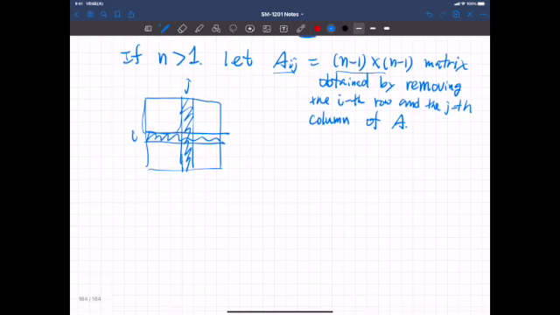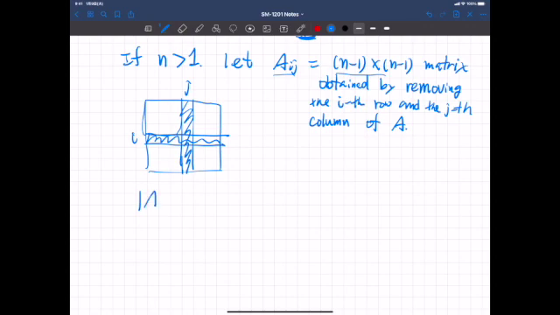Then the determinant of A is defined as this: the sum from j equal to 1 to j equal to n of negative 1 to the power of i plus j, times a_ij. This lowercase a_ij means the ij element of the matrix A, times the determinant of the smaller matrix Aij.